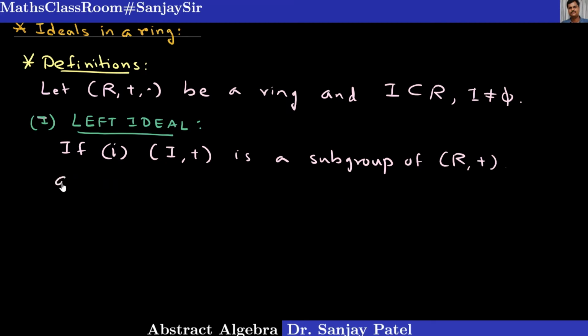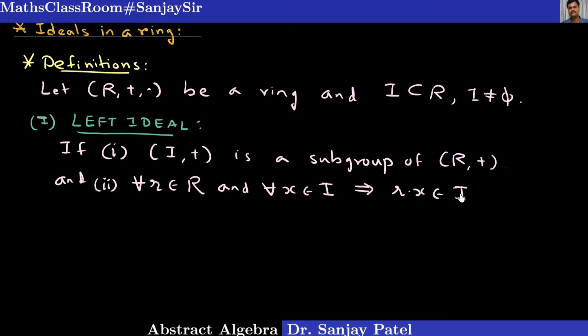And secondly, number two is for every element small r belongs to capital R, that is every element r in the ring, and for every x belongs to this given set I, we must have r into x belongs to I. So if you take any element in the ring and any element in the given set I, then this product where r, the ring element, is on the left hand side of this multiplication sign, that is important.